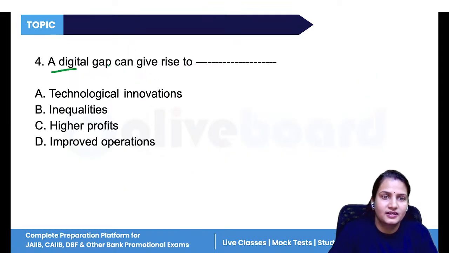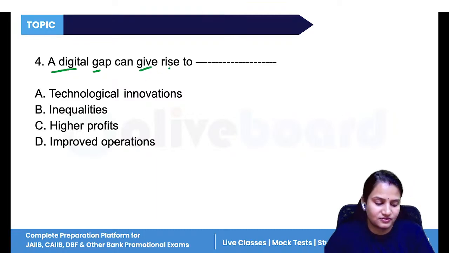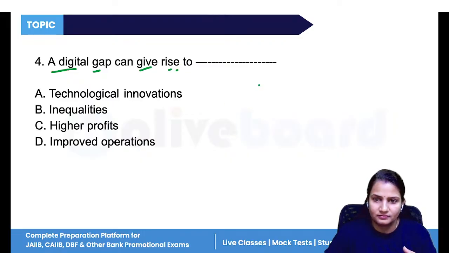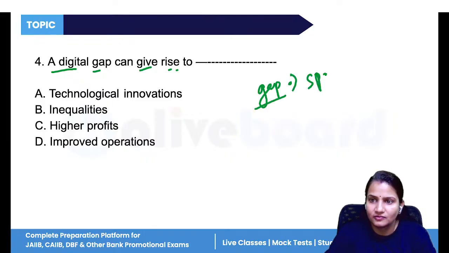Now, what is a digital gap? Digital gap can give rise to. So digital gap basically means, gap means what? Gap means a space, okay? And if this space is increasing, it means there are some people who are getting internet connection, there are some people who are not getting internet connection.